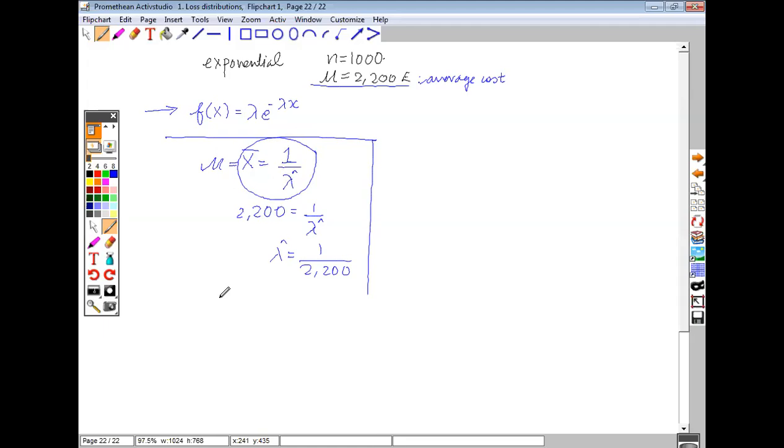The mean, basically. So let us try to utilize what we just studied, the theory of maximum likelihood estimation, and define the likelihood function for this example.